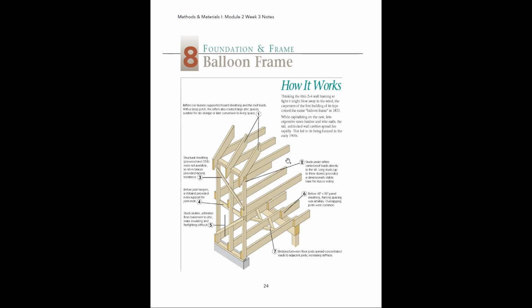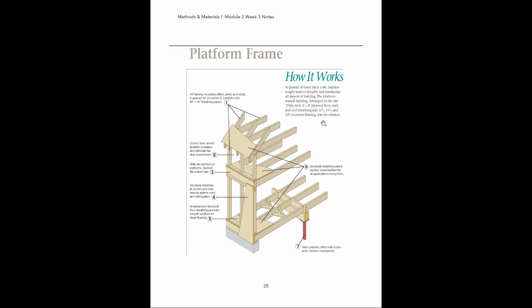I'm pretty sure this is what my house is. Again, I've talked about my house in the past, but it's a really old house. And if you come into contact with really old houses from the early 1900s or late 1800s, they will probably have this type of frame structure associated with them.